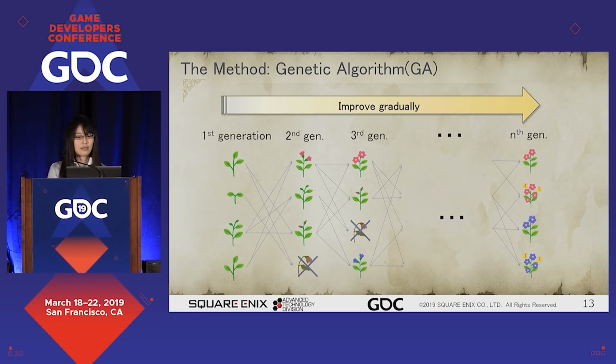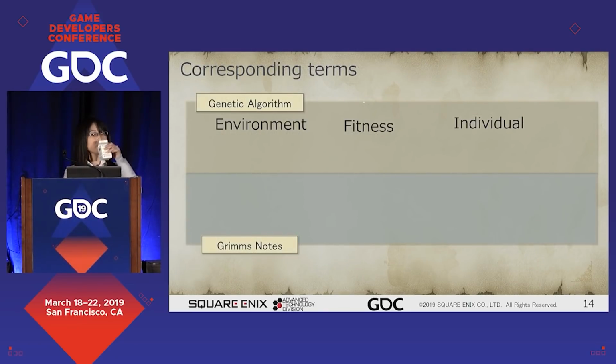This is a general explanation of GA, so let's confirm the correspondence with Grimm's Notes. The environment is a problem we want to solve, so it is a battle in our case. An individual is a candidate to solve the problem.